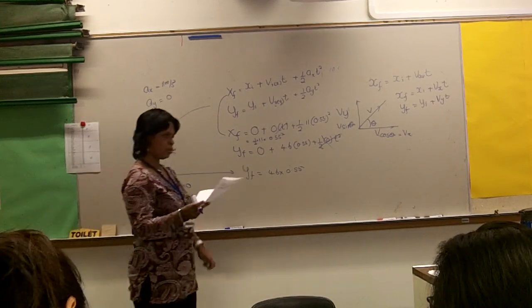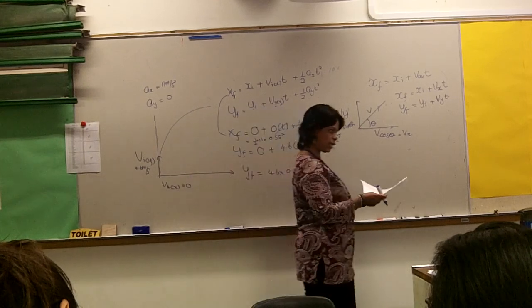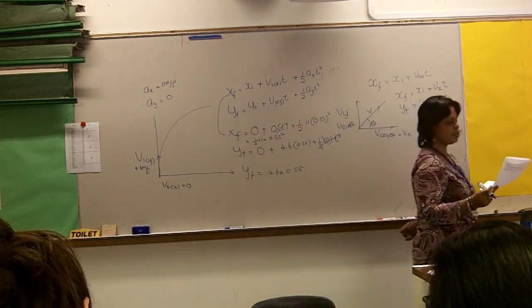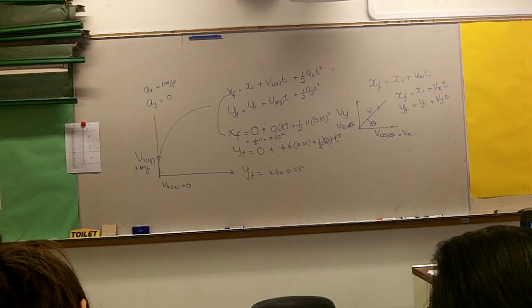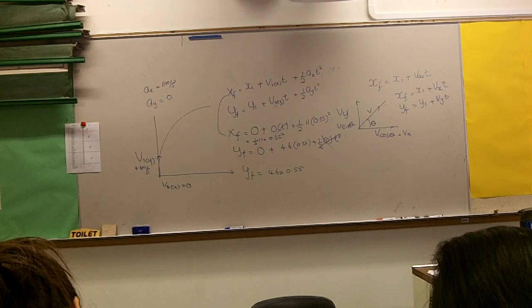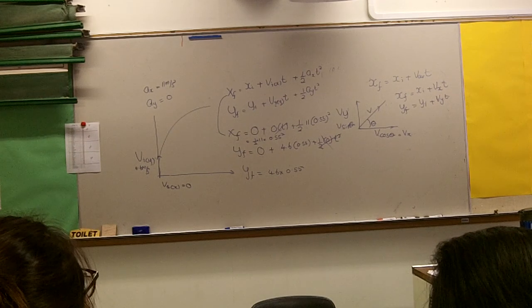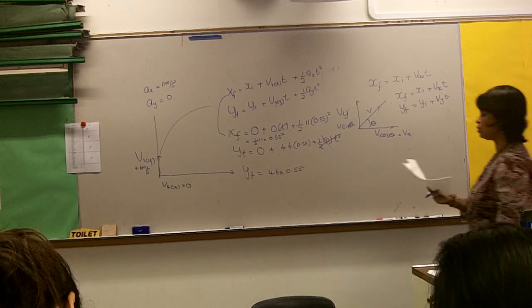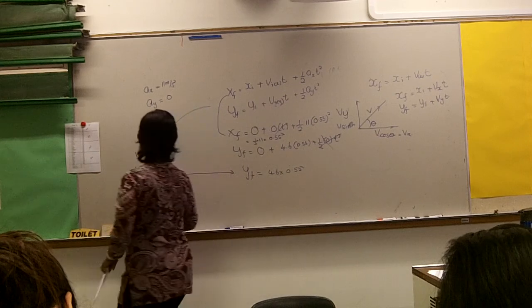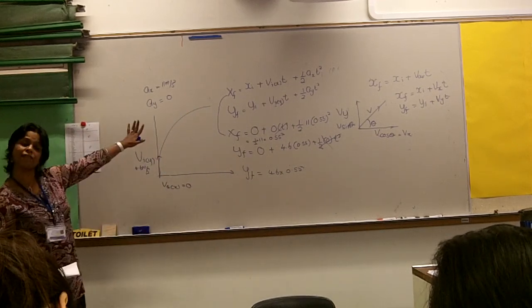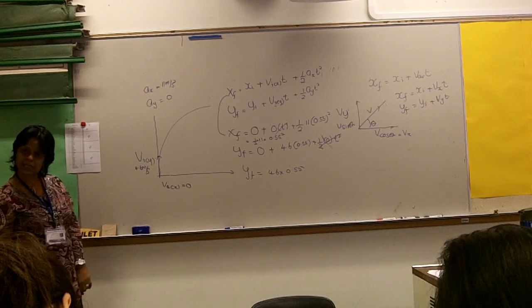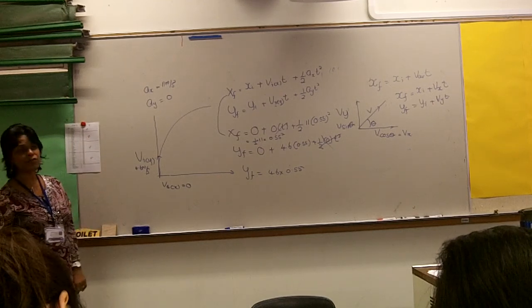Okay. Now, got an idea? Then we have to find its x and y velocity components at t equal to 0.55 s. So after the time is 0.55 s, we are finding our v final x and v final y.